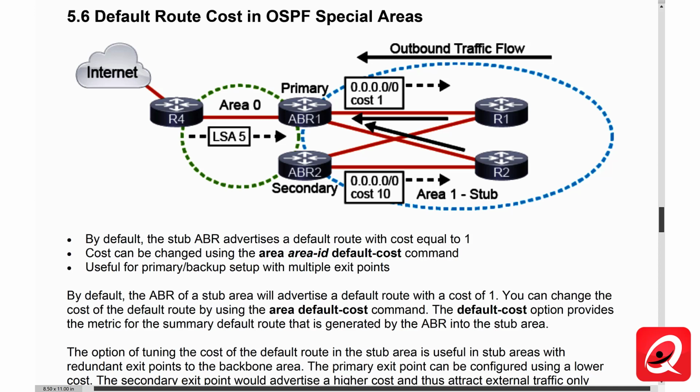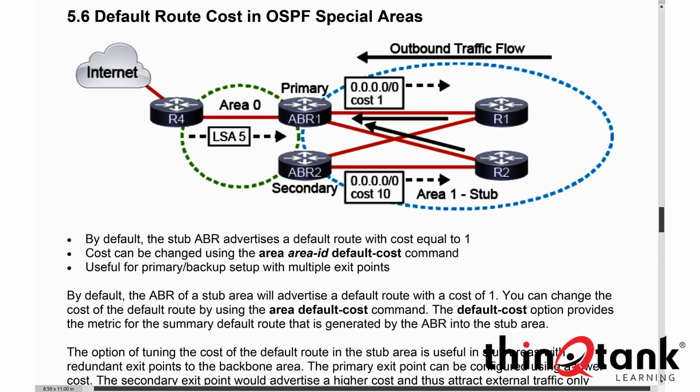But in this case, we are talking about setting up Area 1 as a stub, which, by the way, will automatically generate a default route. And you can see that first bullet point. By default, that stub ABR is going to advertise that default route with a cost equal to 1. And we saw that actually in our discovery as well. And in this particular scenario, we actually have two ABRs, ABR1 and ABR2.